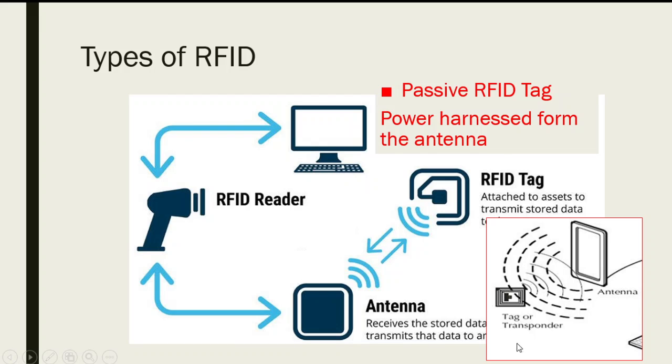Here I have given another example. In this example also you can see the antenna associated with the RFID reader, and the RFID tag which has a coil which will be induced when the RFID reader's antenna is powered, and using that induced energy, it can transmit its data.